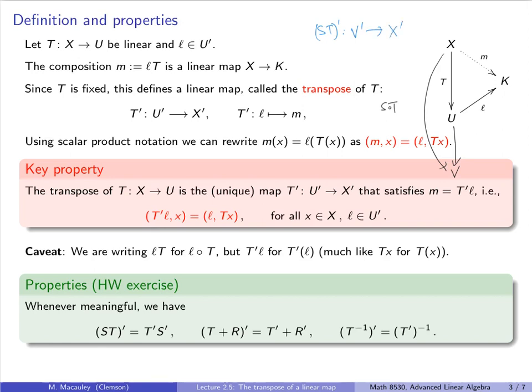So let's see, M, L, what have I not used? Let me put an N here. So the transpose takes this map N and it sends it to the composition of S of T and then N. So we're going to be careful that we write these in the right order.